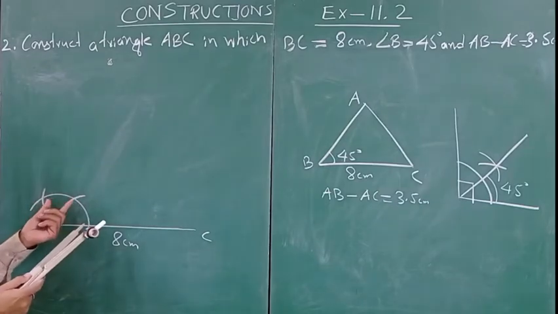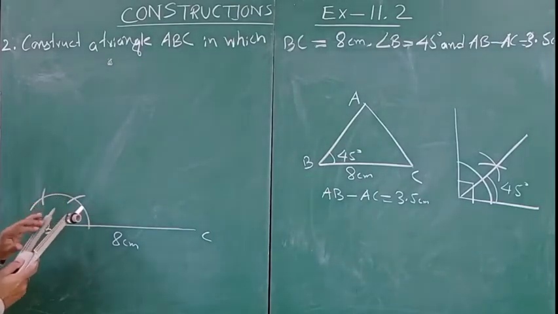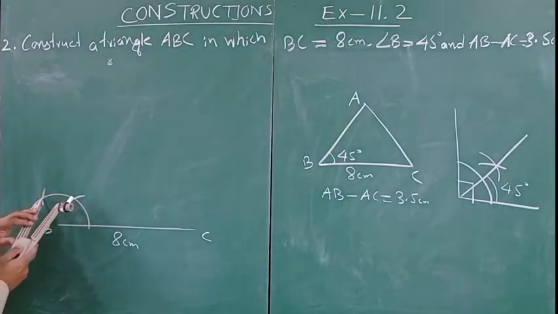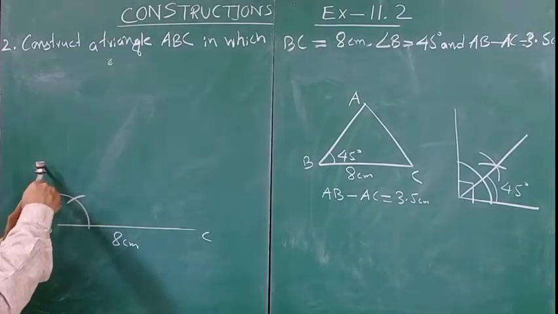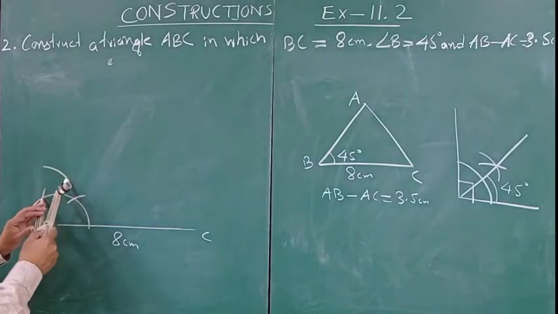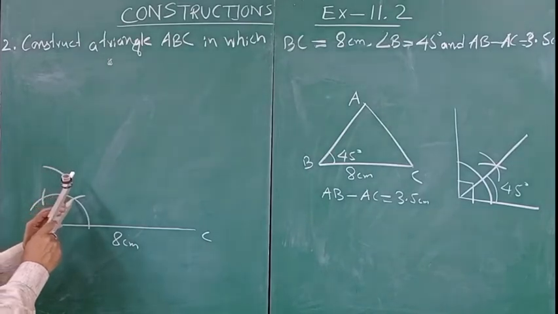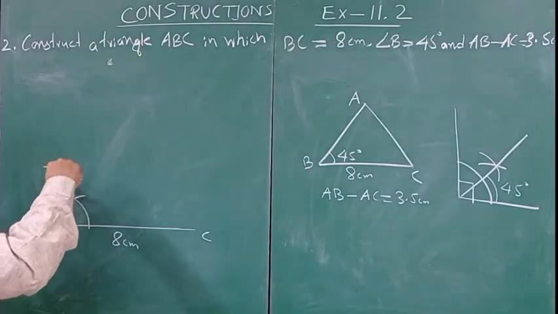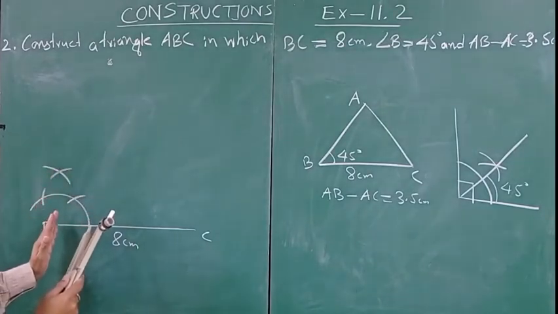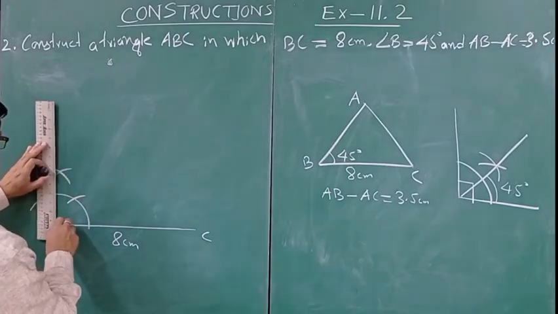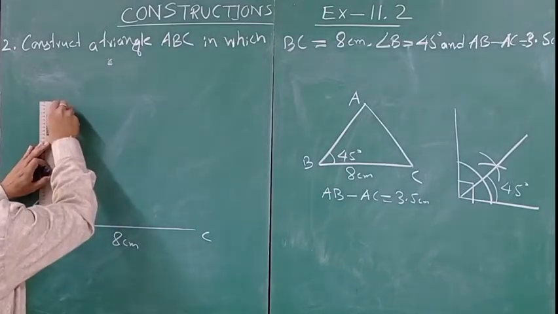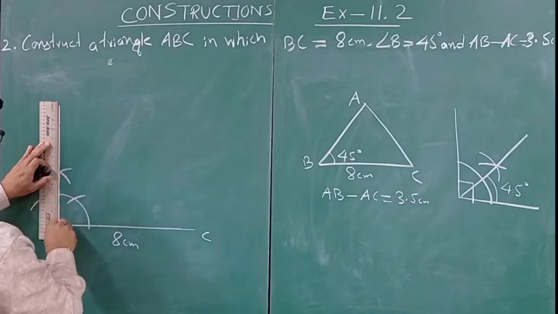Now the angle between 60 and 120 will give us 90 degree. So let us draw the bisector of this. With the same radius we have drawn another arc. Now this will give us 90 degree. Okay, let us draw it. Students, you can see that we have drawn this 90 degree.